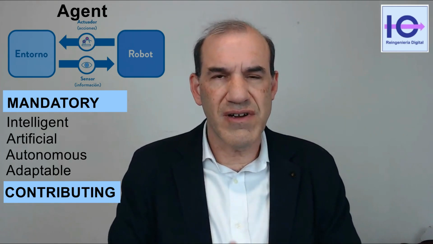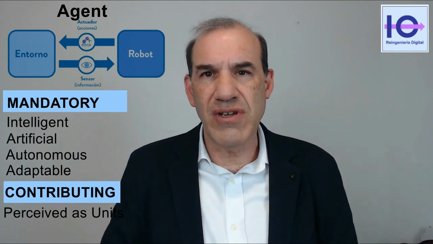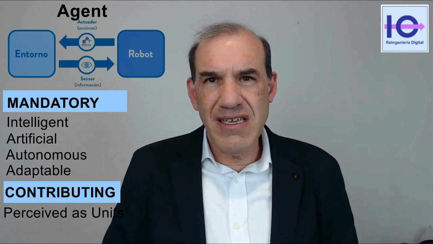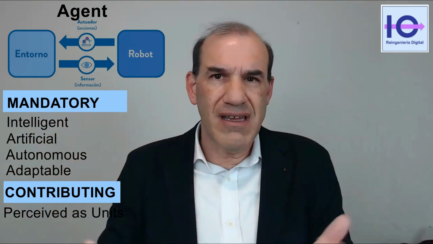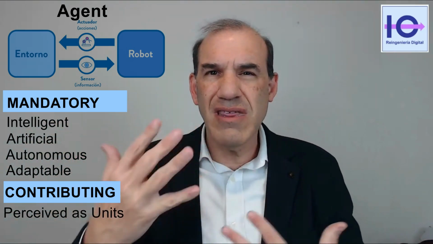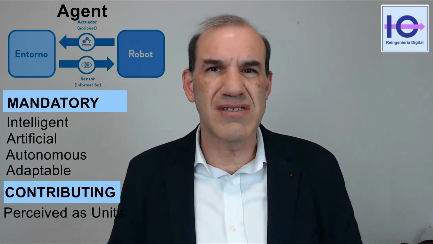What are these 2 traits? The first one is that we perceive them as units. When I say unit, I mean something that is physically or logically enclosed. We are not thinking about distributed things or abstract things, but units.